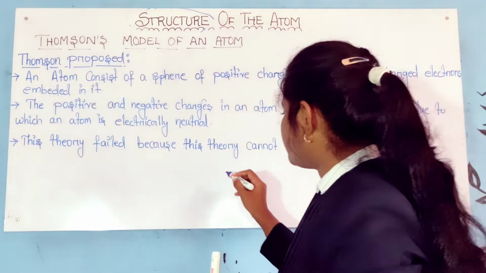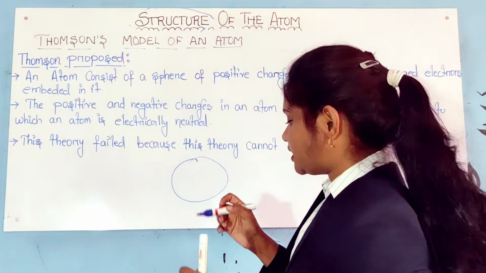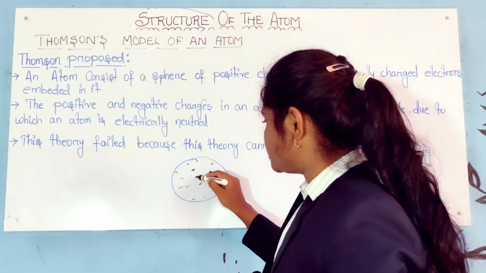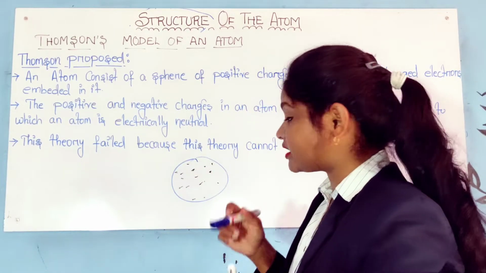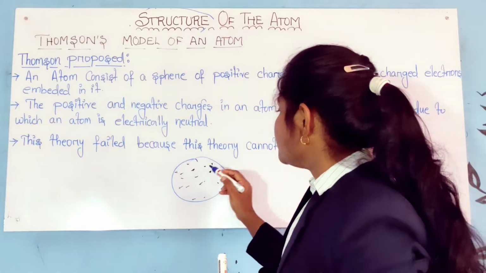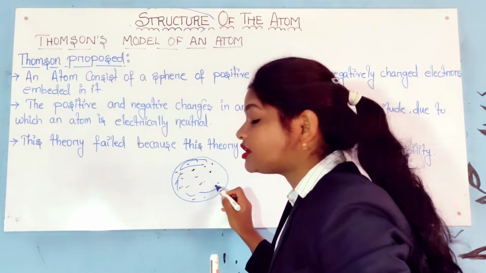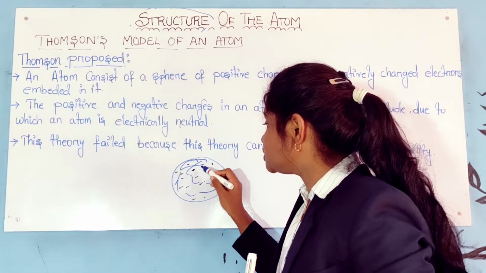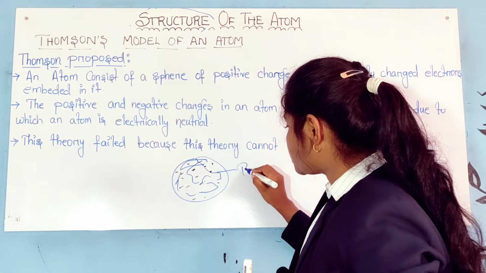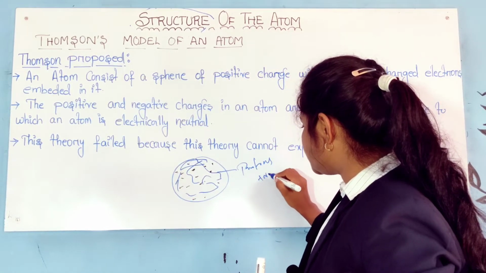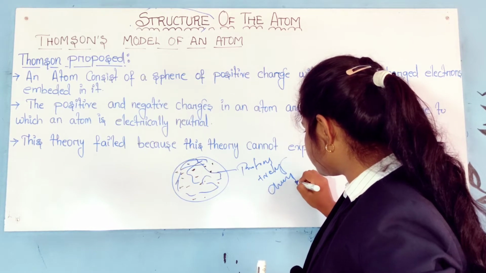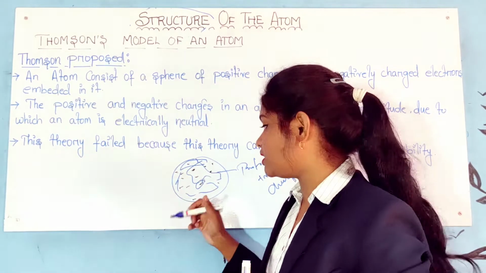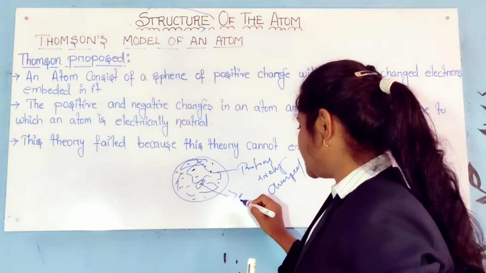Suppose this is a watermelon, and these are the seeds present inside it. He took the red edible part of the watermelon as protons, meaning positively charged, and the seeds as electrons.